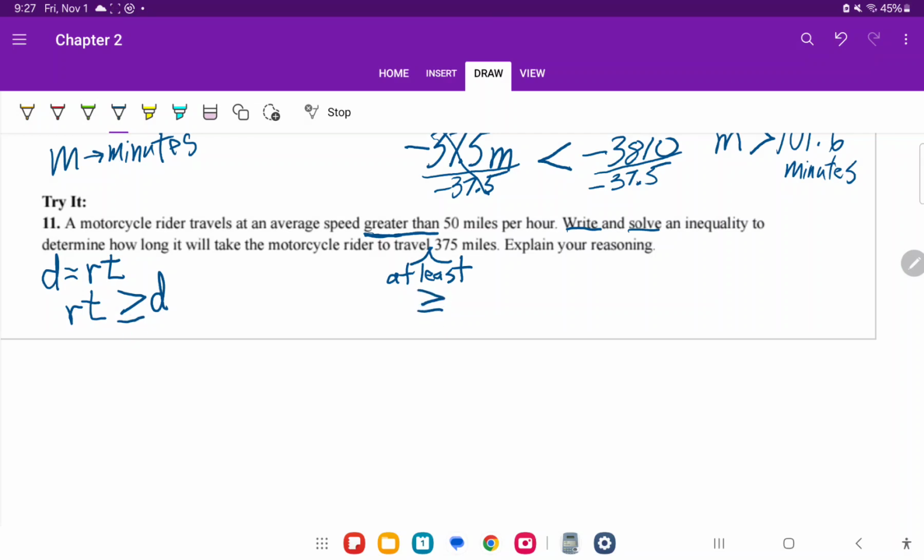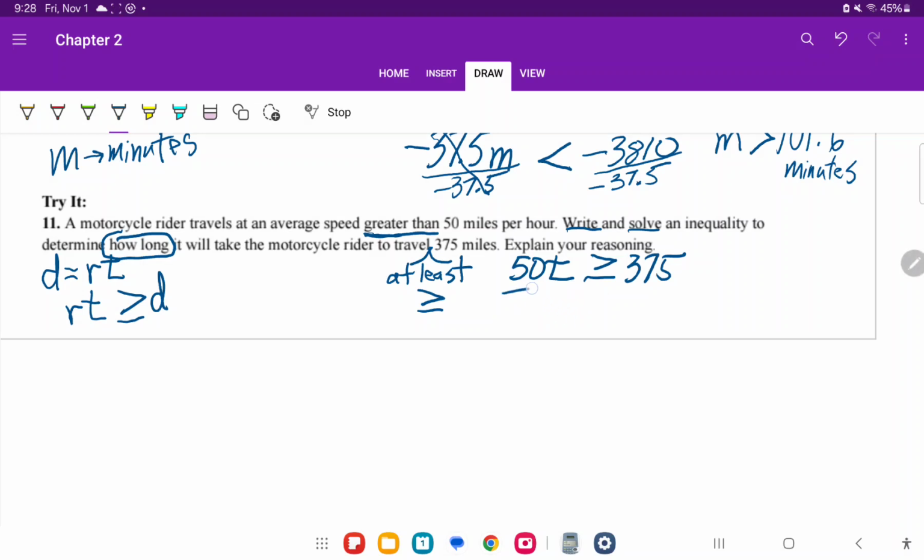So I need to add that to our little formula here. Our rate is 50 miles per hour, and our time, we don't know what that is. That's the whole question. How long will it take? So our rate times our time, when will it be greater than or equal to 375? 50 times t is greater than or equal to 375.